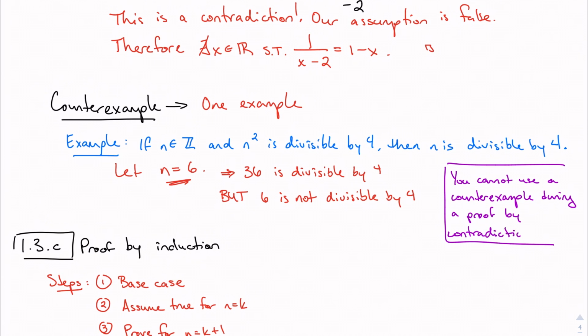It's like saying, we're going to assume it's not true. Here's an example that shows it's not true. Well, all you're really doing is showing me an example that shows that the original statement works. So that's not really proving it, other than just demonstrating that the property is true. So you cannot ever use a counterexample during a proof by contradiction. You have to use a direct proof.